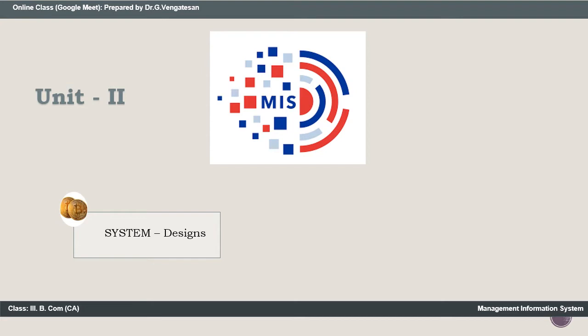This system will have a design that can formulate itself to perform the functions of all the business activities, and that concept we are going to discuss in this system design.